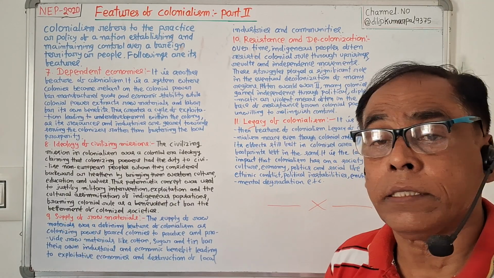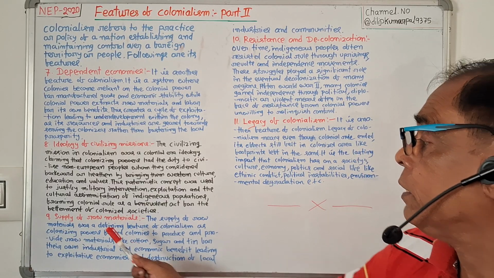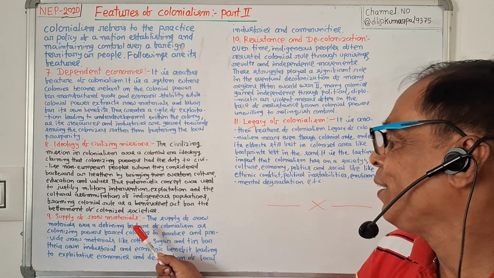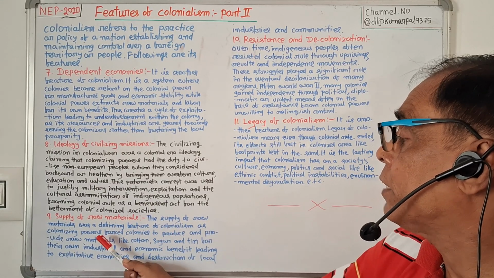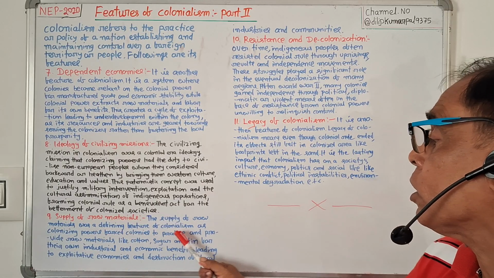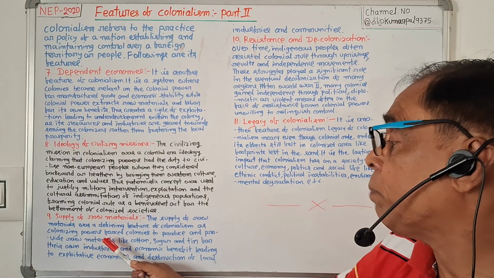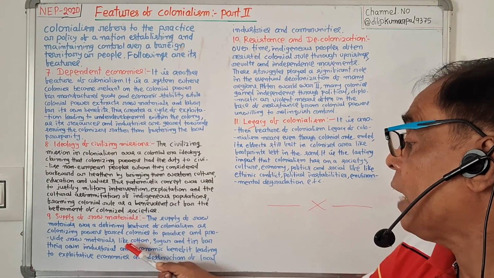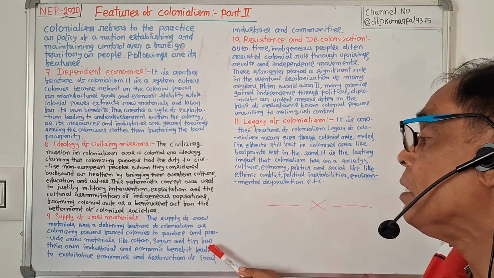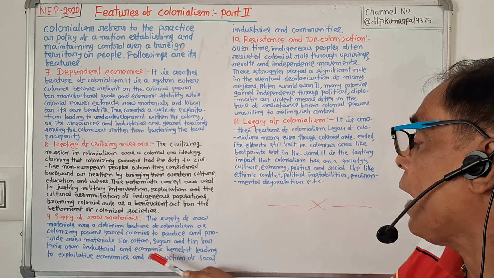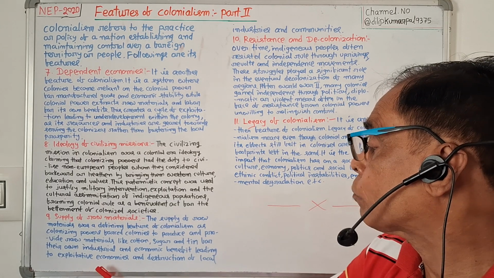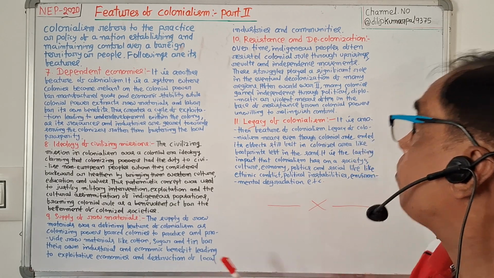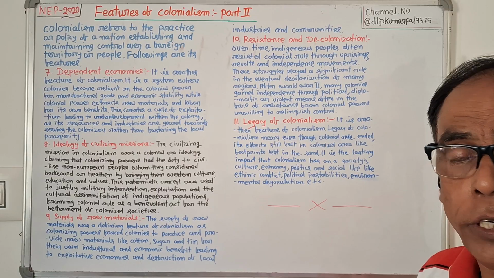Then the ninth feature of colonialism is supply of raw materials. Supply of raw materials was a defining feature of colonialism, as the colonizing power forced colonies to produce and provide raw materials like cotton, sugar and tin for their own industrial and economic benefit, leading to an exploitative economy and destruction of local industrial communities.